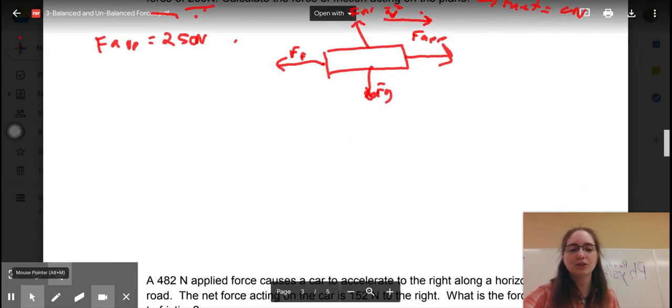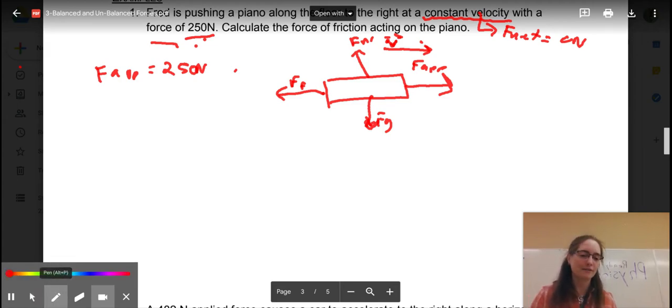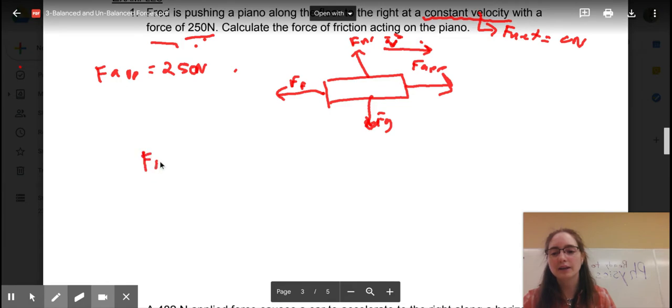Our next step, once we have our diagram in place, is to build our Fnet equation. So my Fnet is going to equal my force applied plus my negative force of friction. We've been asked to calculate our force of friction, so let's put some numbers in here.